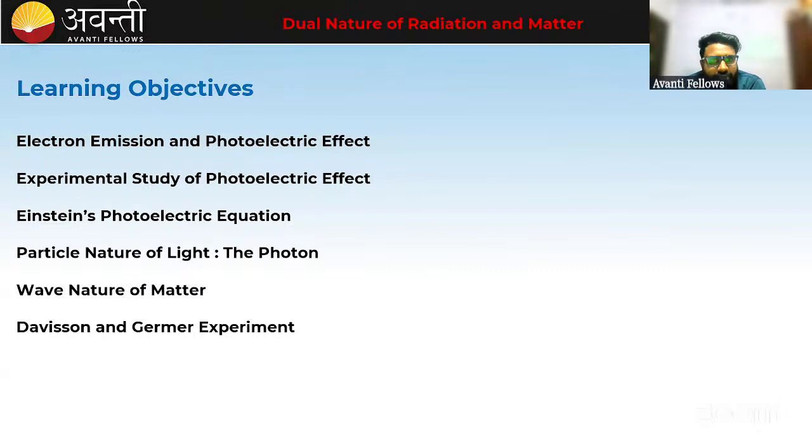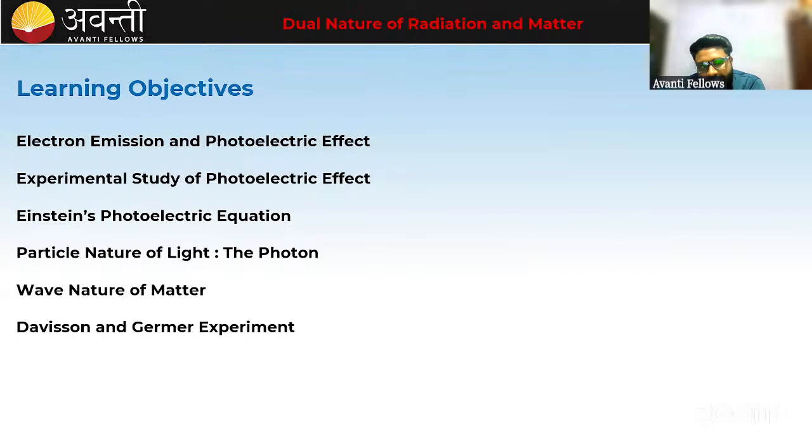Good. So this dual nature of radiation, especially we are talking about the light. Light is also a kind of radiation. So the experimental study of photoelectric effect, Einstein photoelectric equation, and the term photon, these are all related to the light.